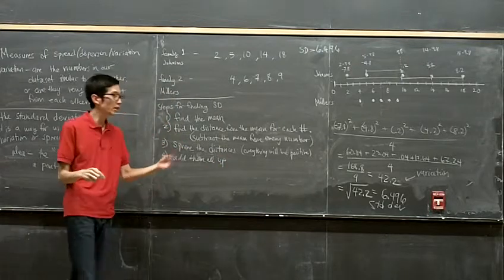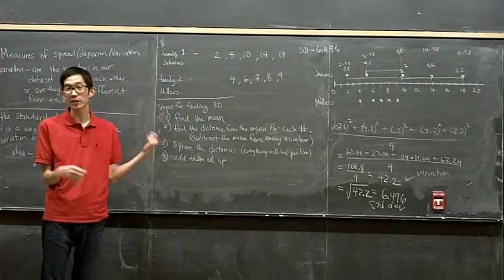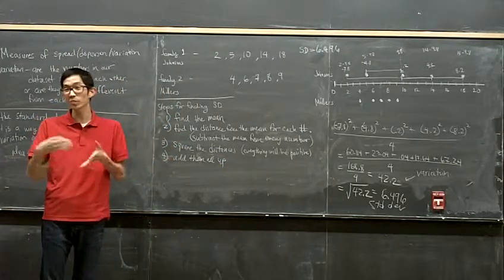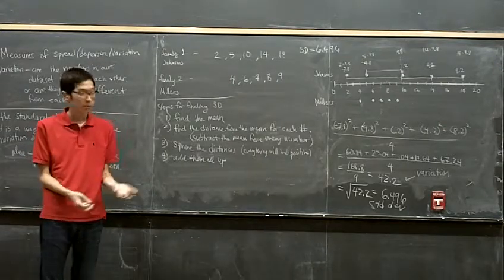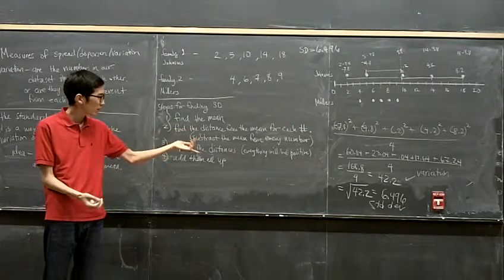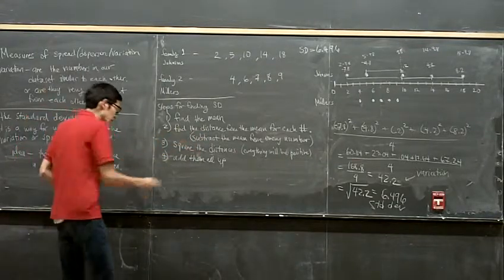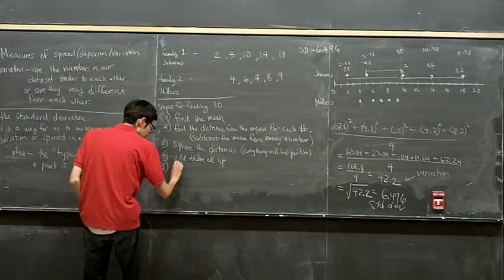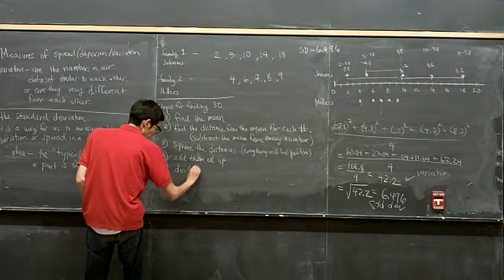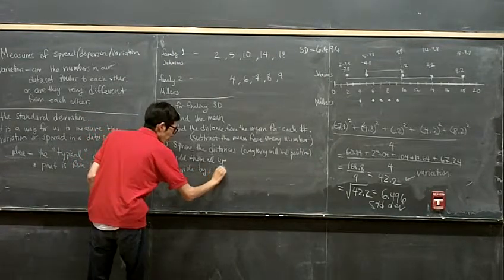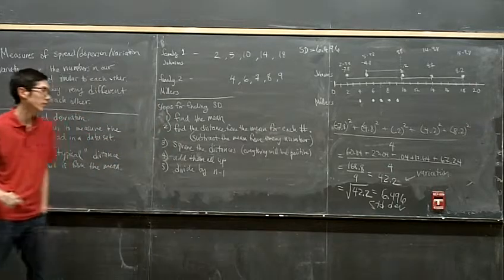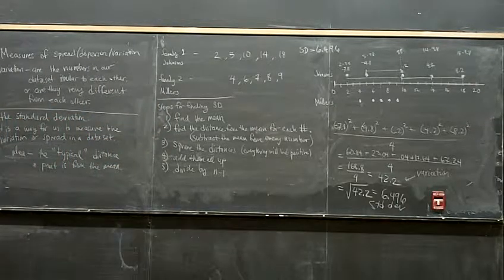Because it's almost as if we were finding the average, right? To find the average, you add them up and you divide by how many you have. But in this case, I add them all up, but then I divide by n minus 1. So 1 less than what you would normally use for the average. Every time you're doing the standard deviation, you're doing n minus 1.